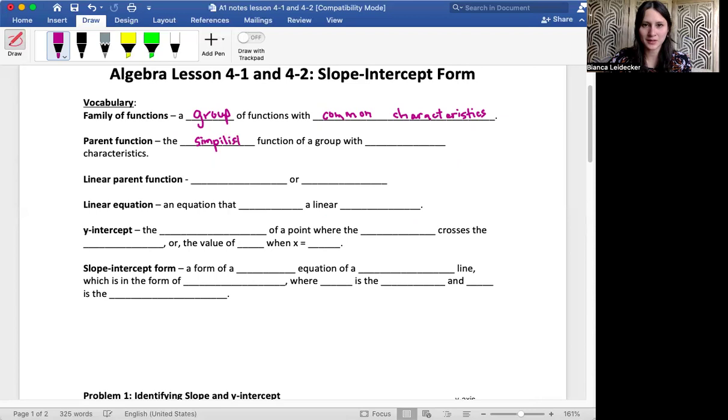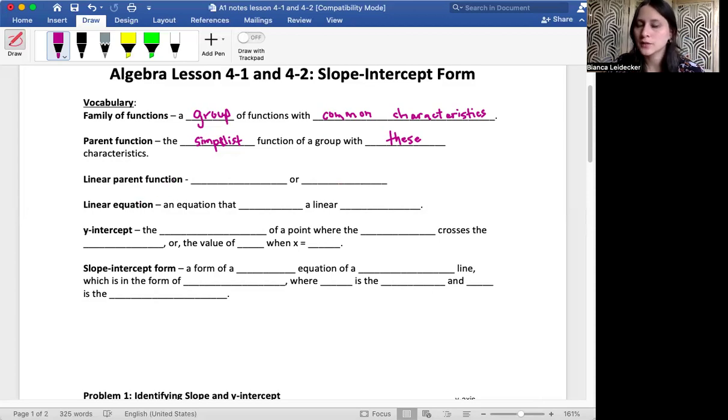Simplest, I think I'm spelling it wrong. Simplest. Okay. With these characteristics. So you might have a more complicated function, but it comes from somewhere. And so the original form would be the parent function.